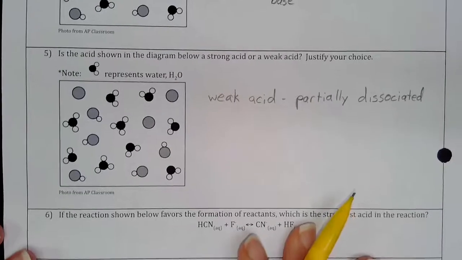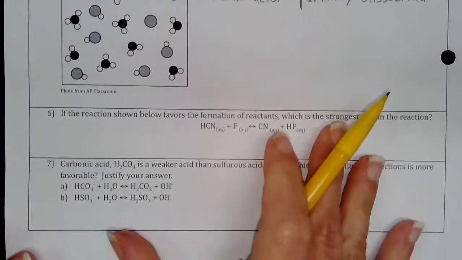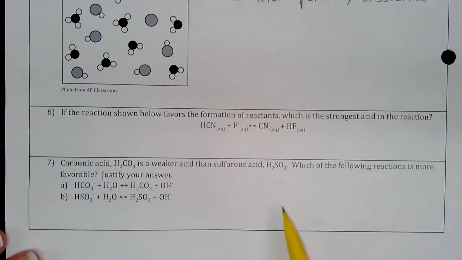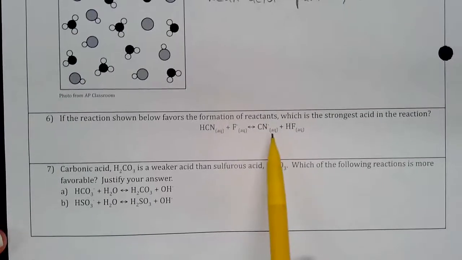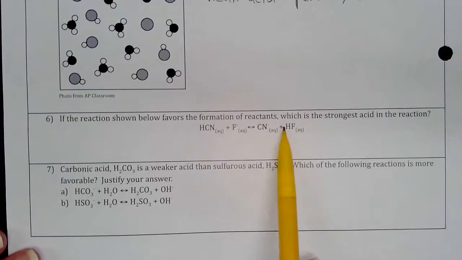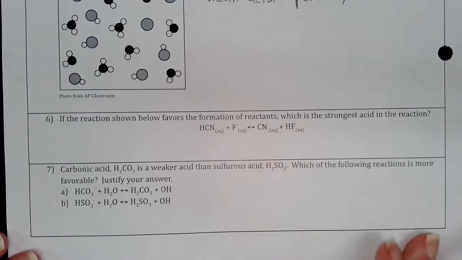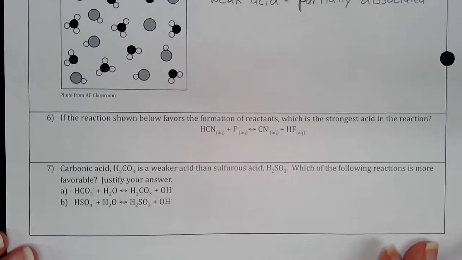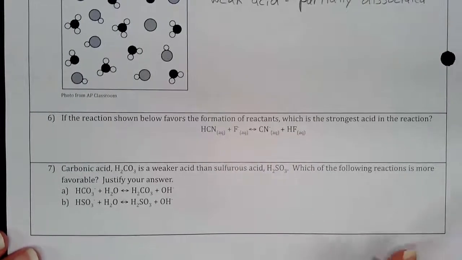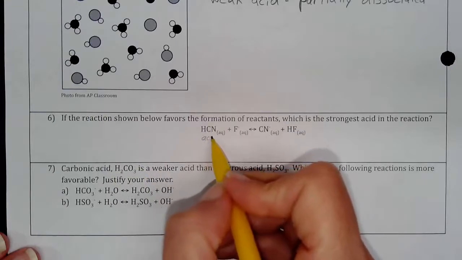Okay, we're almost to the end. If the reaction shown below favors the formation of reactants, which is the strongest acid in the reaction? Well, we know that the forward reaction is only favored if it makes weaker acids and bases than it started with. So that tells me that this is an acid.